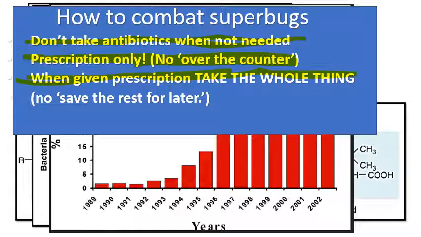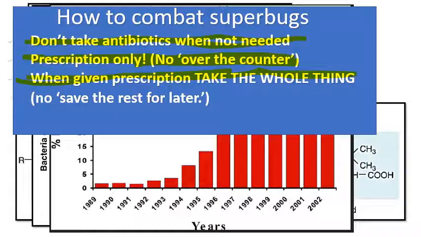Right? So if the course of antibiotics is 10 days, 3 times a day, I'll give you 90 tablets. That has been calculated to kill as many of the bacteria as is possible. And if you call off your army before the other army is destroyed, they'll come back. Right? So another thing that you should never be doing is not taking the whole course of antibiotics.